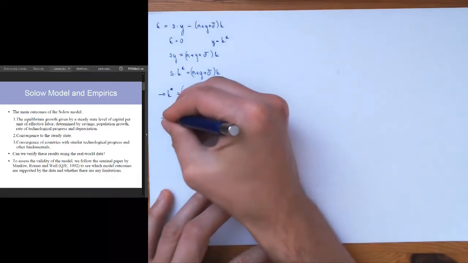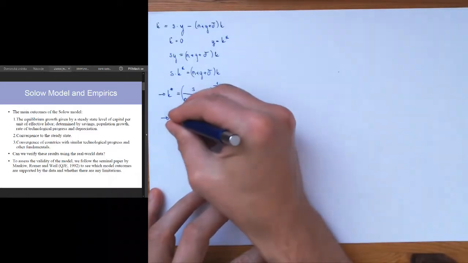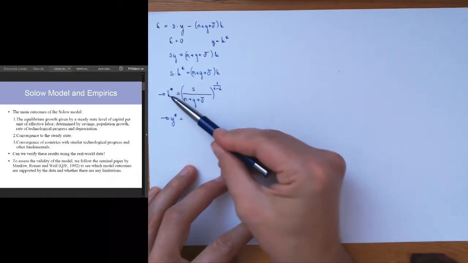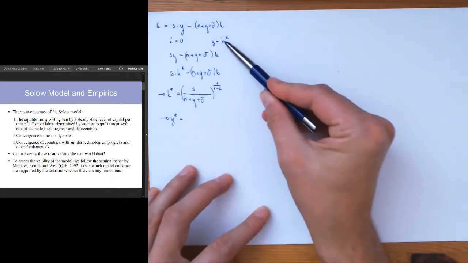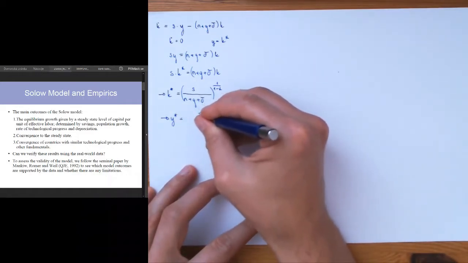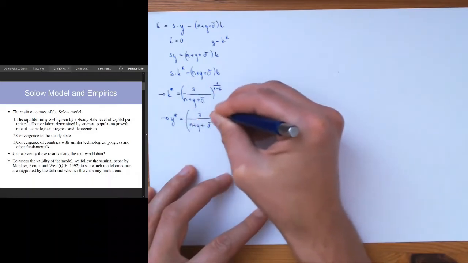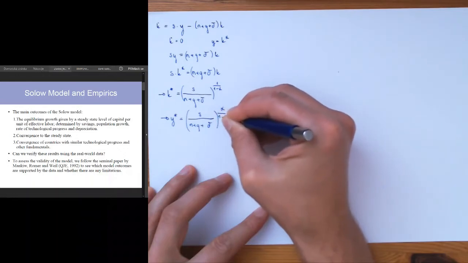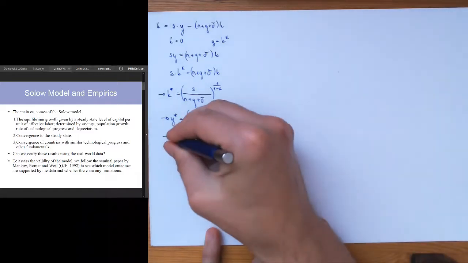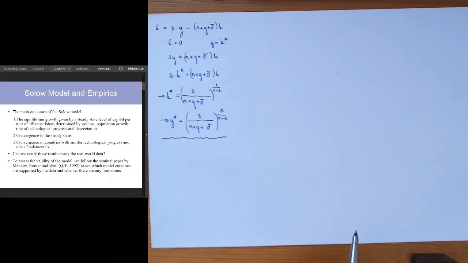And because output is simply the capital to the power of alpha, the optimal output is simply a substitution of K star in the production function, and y star simply equals s over (n plus g plus delta) to the power of alpha over 1 minus alpha. And this is the condition for the optimal level of output per unit of effective labor, which comes from the Solow growth model.